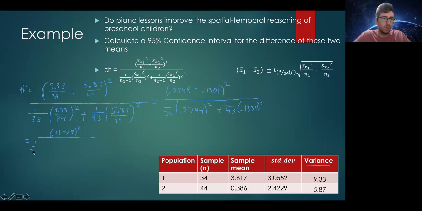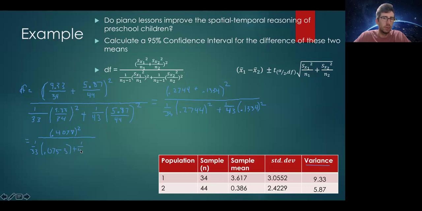We still have 1 over 33. So if we square 0.2744, just multiply it by itself, I get 0.0753, basically.